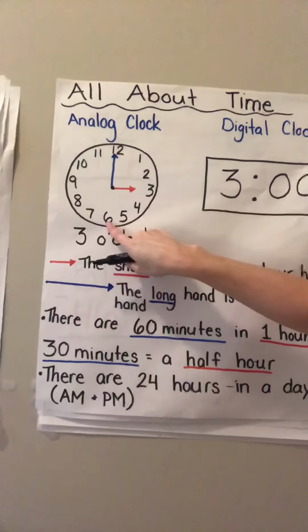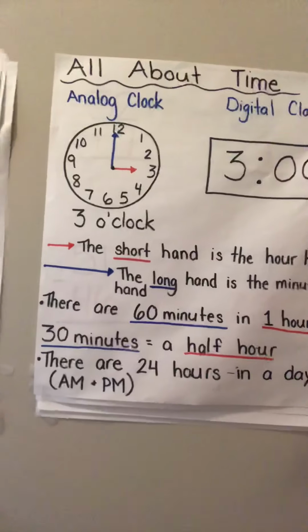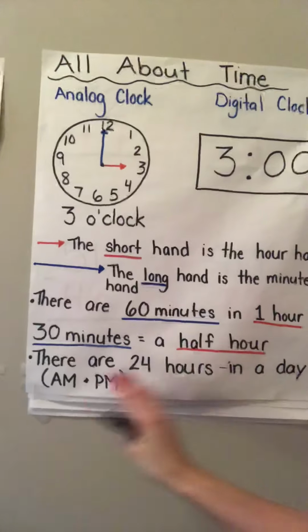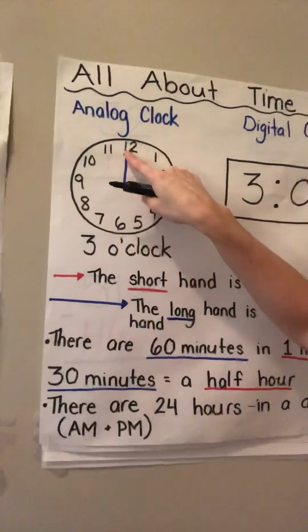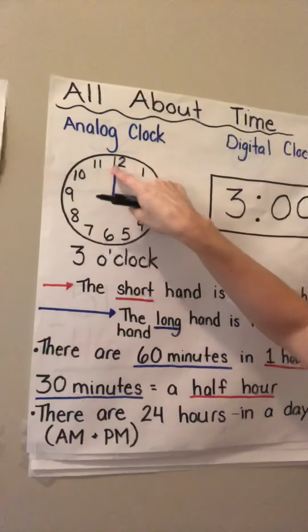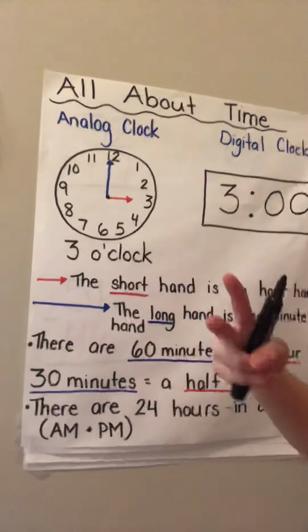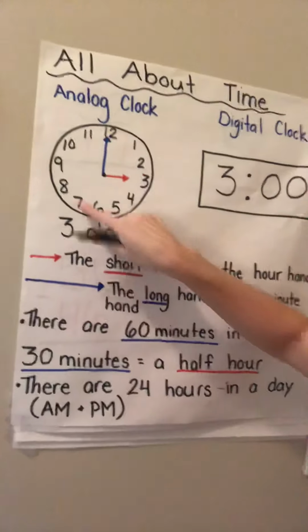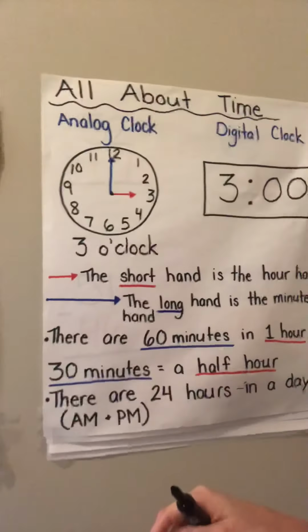That means we went 30 minutes instead of the full 60. And there are 24 hours in a day. We have the morning and PM. The reason why there's 24 hours is because we only have 12 on our clock, and it goes to 12 two times. So we have the 12 hours for the morning and then 12 hours for the afternoon.